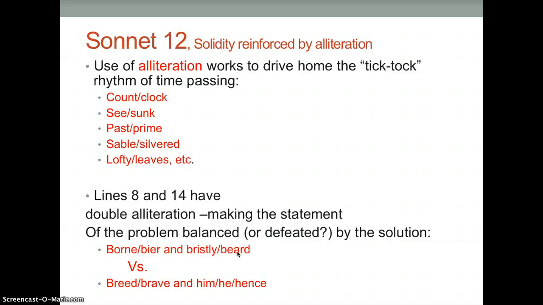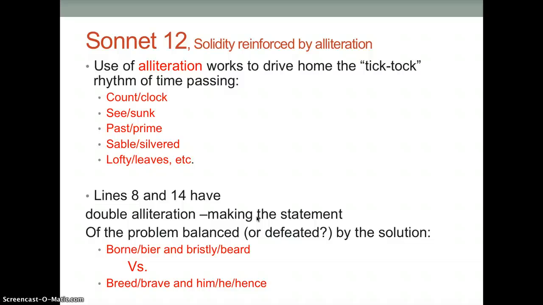And then that's particularly driven home in line 8 when he points out, with the double alliteration, the solidity or the unavoidable nature of time passing: borne on the bier with white and bristly beard. Again, we can't stop this. This is an inevitability.